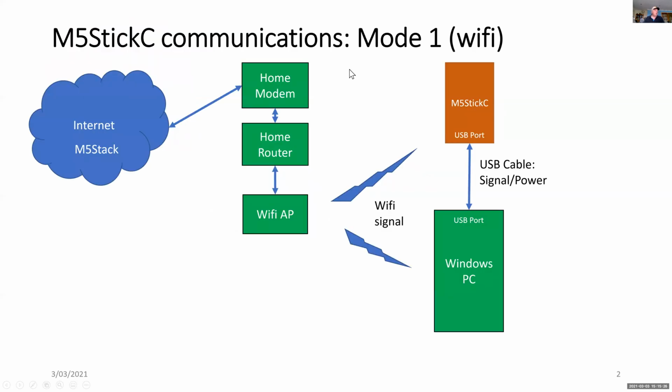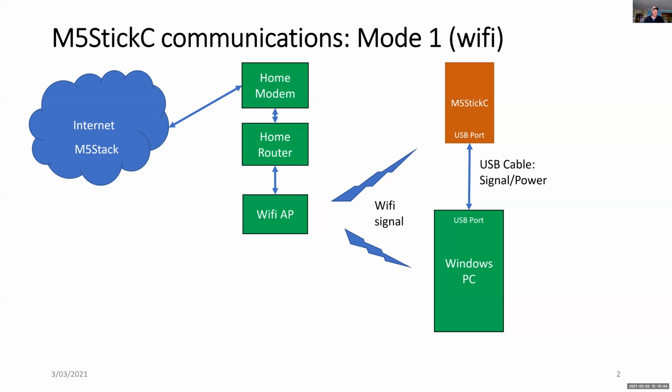Okay, so what we're doing here on the left is connecting. We have the internet, and a typical example would be linking or downloading programs from the M5Stack. Files and data would go via your home modem, and your Wi-Fi AP or access point would be connected to your Windows PC, and you have normally two choices to connect to your M5StickC.